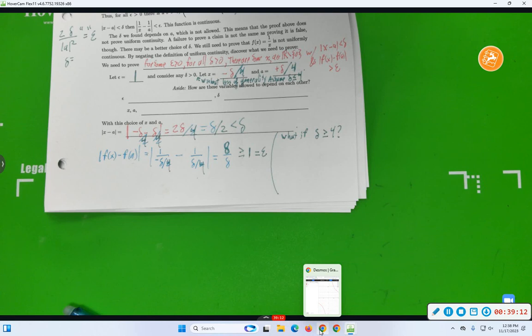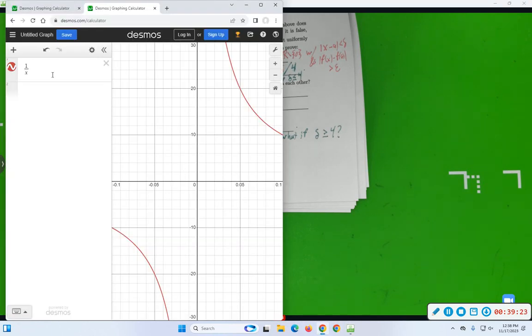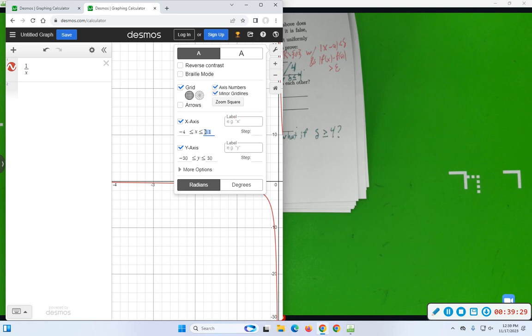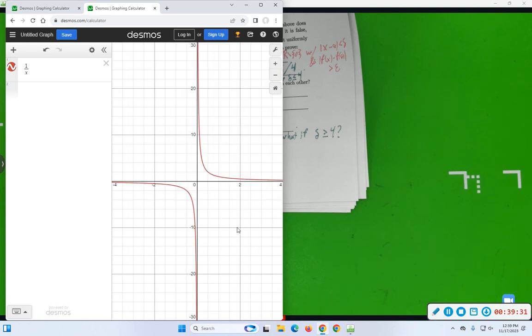I need to find two inputs that are within 4 of each other, for which the corresponding outputs are not within 1 of each other. Somewhere in this picture, do you see two inputs that are within 4 of each other, for which the outputs are not close together? What two inputs are you thinking of?